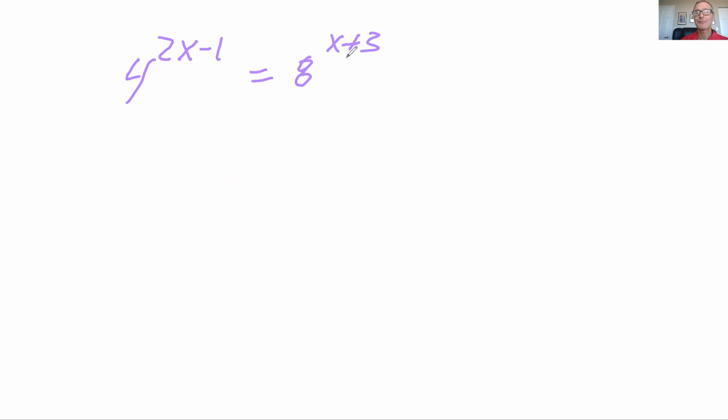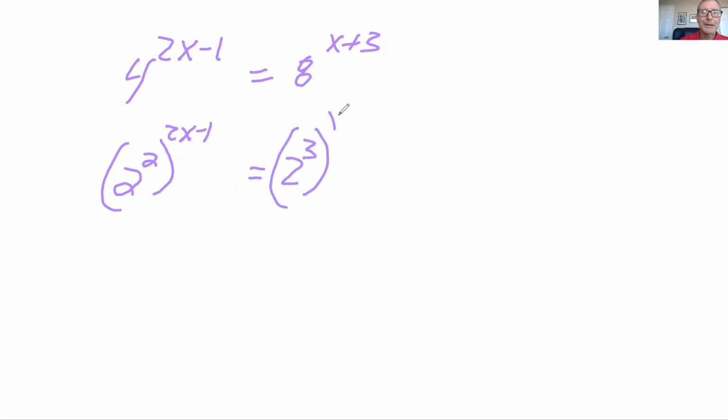Because 2 squared is 4, and 2 to the 3rd is 8. So you want to look at it this way. 2 squared to the 2x minus 1, and this would be 2 cubed to the x plus 3.